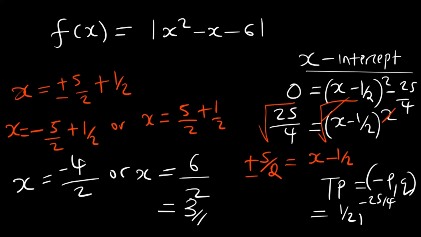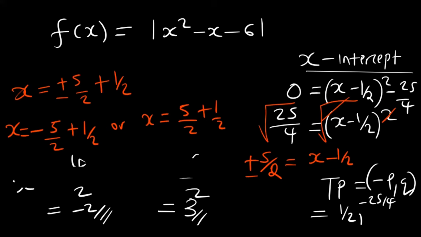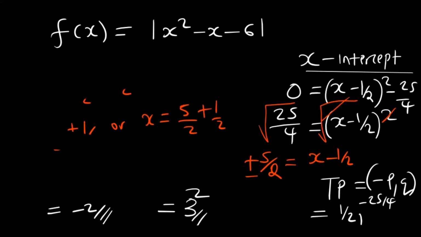Then I can also simplify the other one, negative 4 divided by 2, that is a negative 2. So those are the values of x. So allow me to rub this part. We found the values of x. Okay, so these are the values of x.